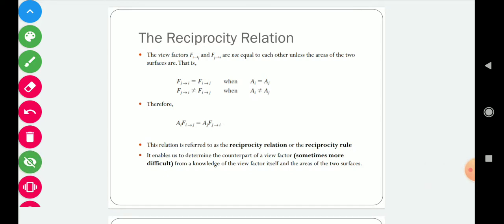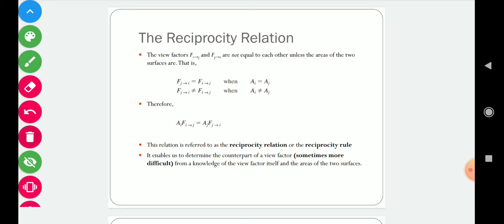The view factors Fij and Fji are not equal to each other unless the areas of the two surfaces are equal. That is, Fji is equal to Fij only when area Ai equals Aj. But if these areas are not equal, then these view factors will also not be equal, Fji not equal to Fij.